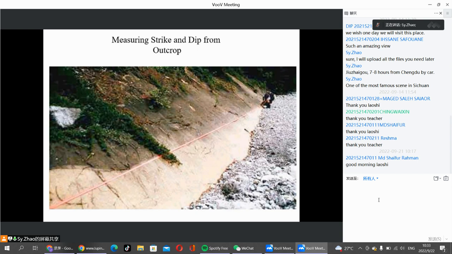And this is a strike line, which joins two points of the rock plane which are at the same elevation. And we now need to measure the bearing of this strike line.